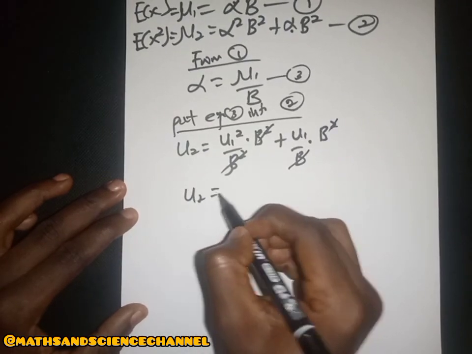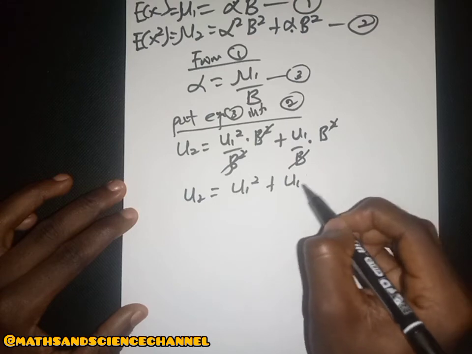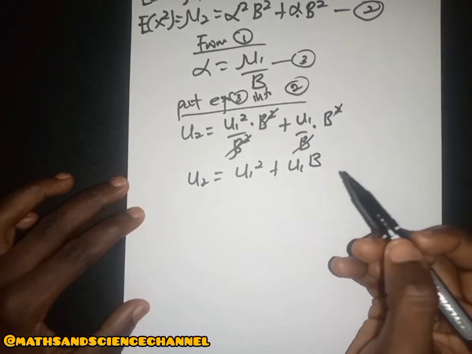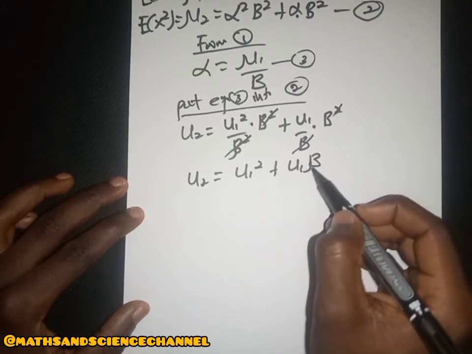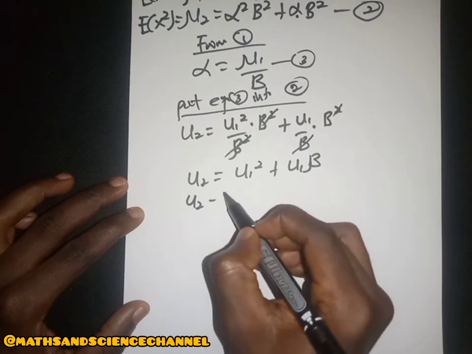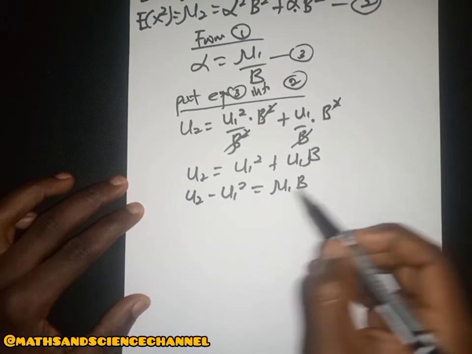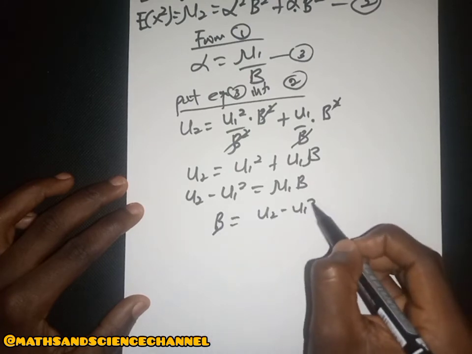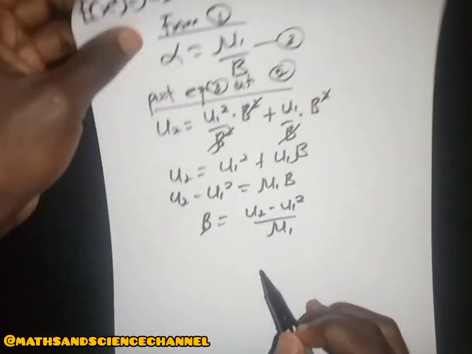So u2 here will be equal to u1 squared plus u1 beta. Remember we want to know what beta is. So from here we make beta the subject, so we have u2 minus u1 squared equal to u1 beta, and therefore beta here is just going to be u2 minus u1 all squared divided by u1, and that will be the value for beta.